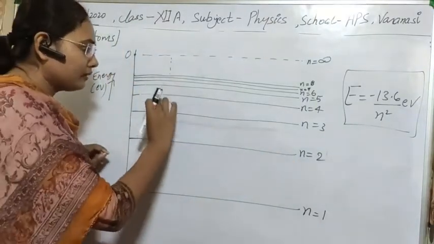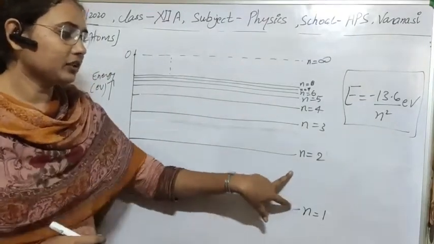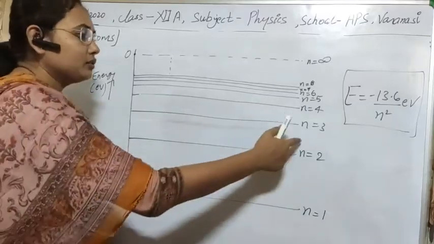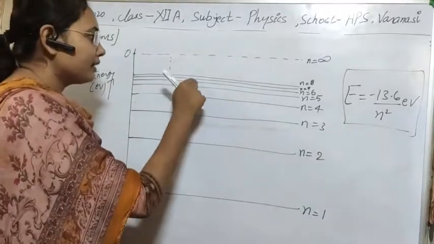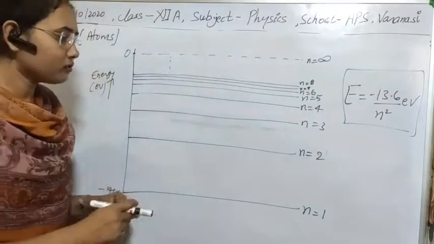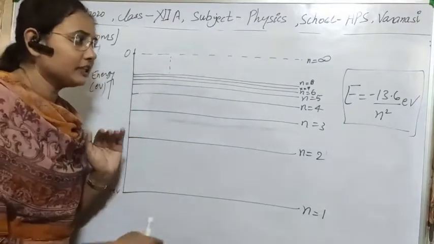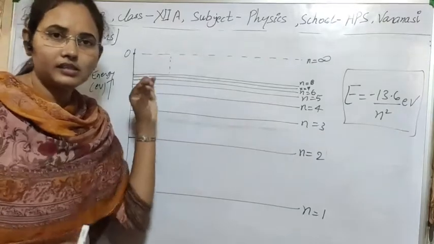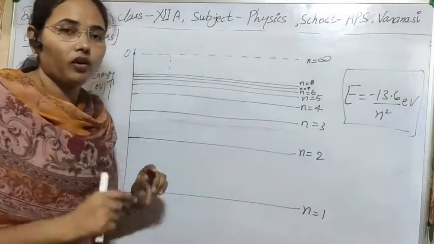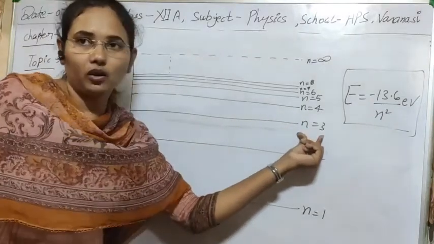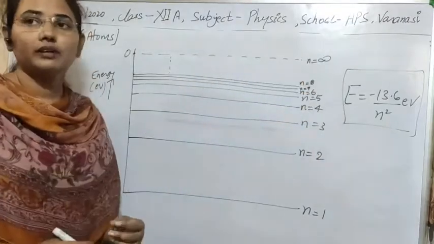If we do that, we get that the difference between n equal to 2 and n equal to 1 is greater than between n equal to 3 and 2, and it continually decreases, so the energy levels are getting closer to each other. That's why I drew it in this form: with increasing n, these lines, which show the energy level for a particular orbit, get closer with the increasing value of n.